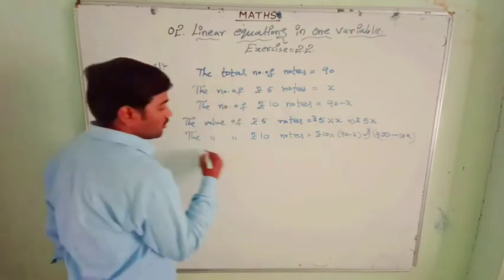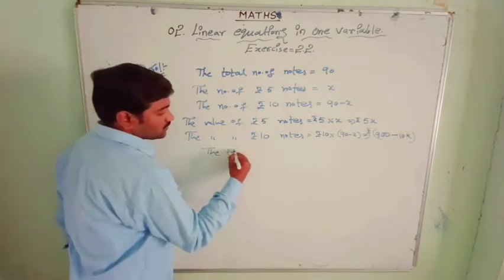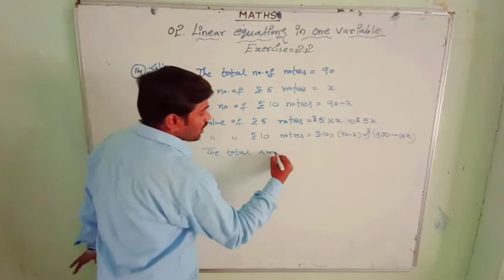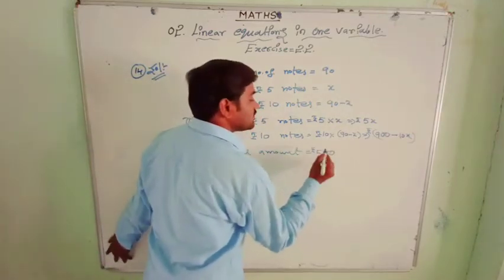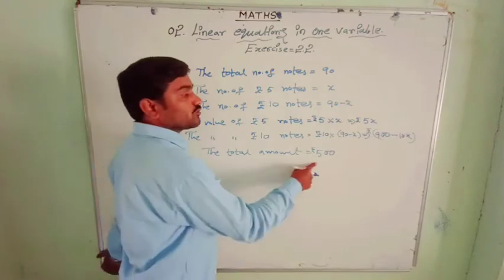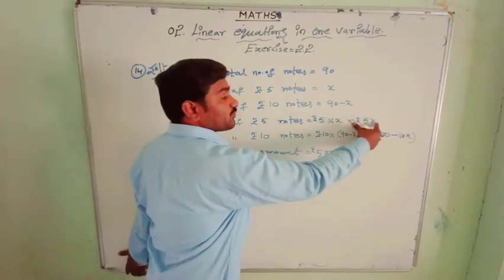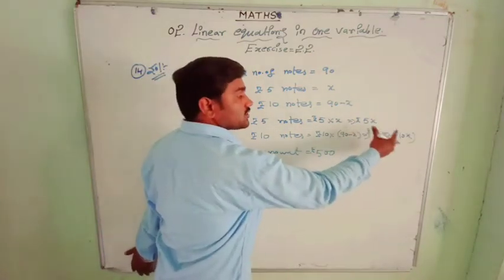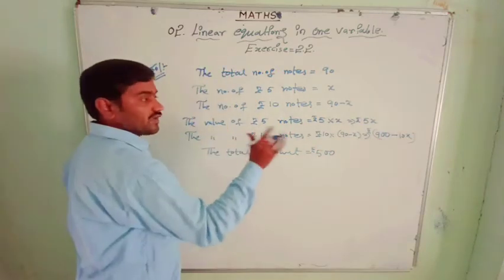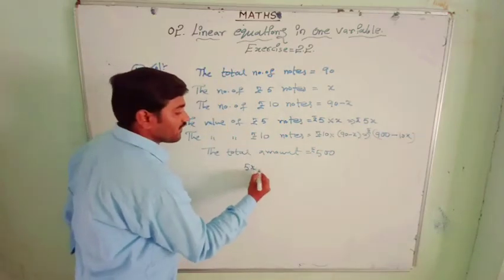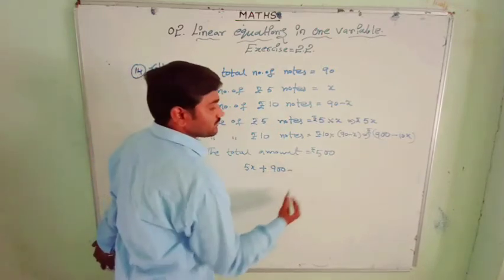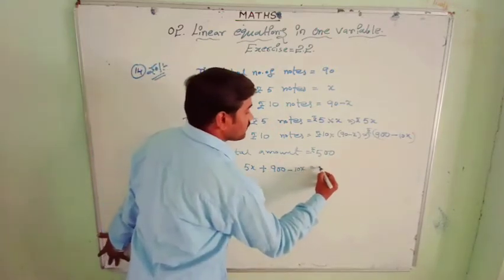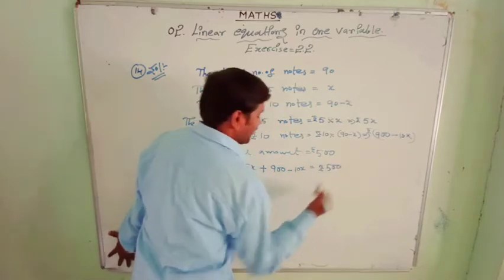So the total amount according to the problem is 500 rupees. In that we have the value of the 5 rupees notes and the value of the 10 rupees notes. Let us write 5x plus 900 minus 10x equals rupees 500.